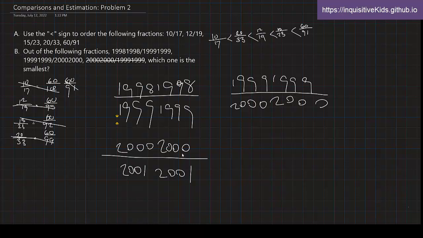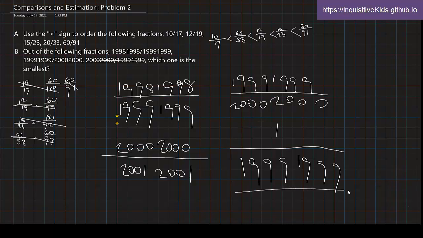So we're talking about this piece right here, 1 over 1999, is the greatest piece, greater than either 1 over 2000 or 1 over 2001. So I'm just saying that this one has the biggest pieces.